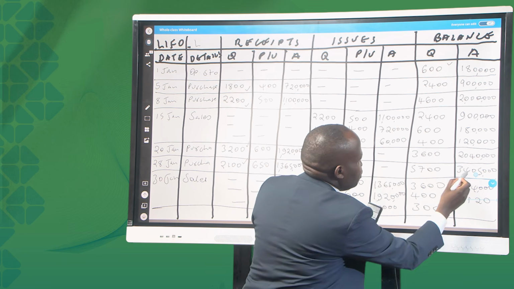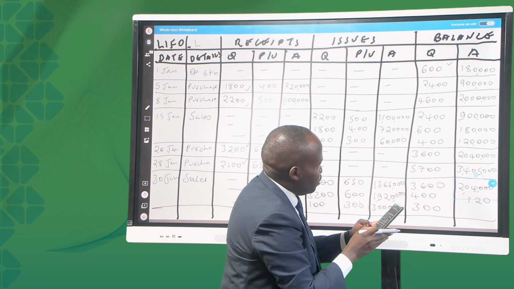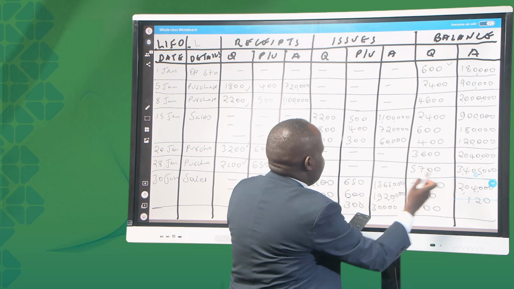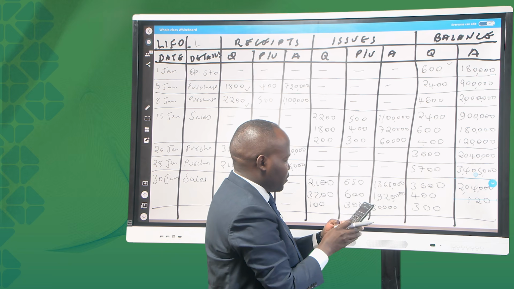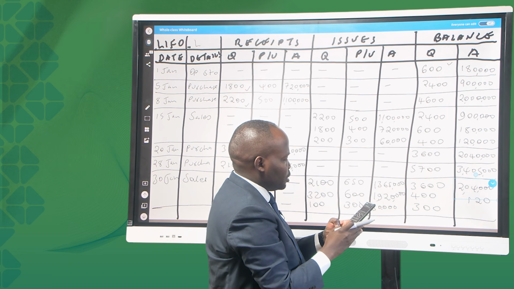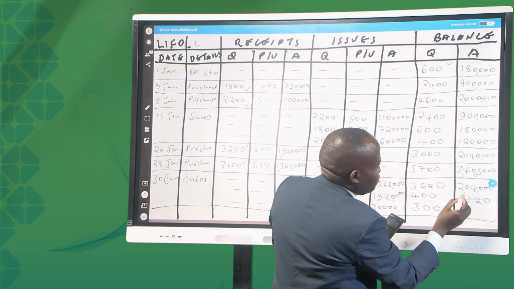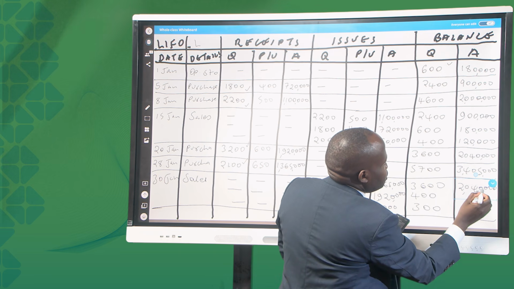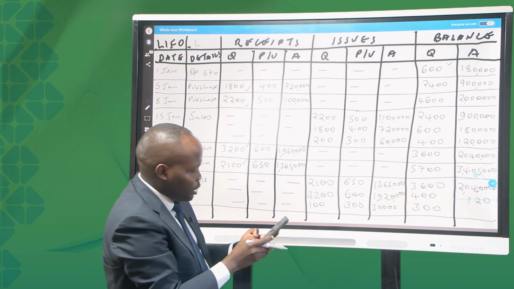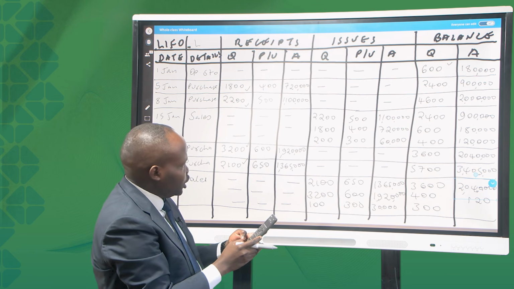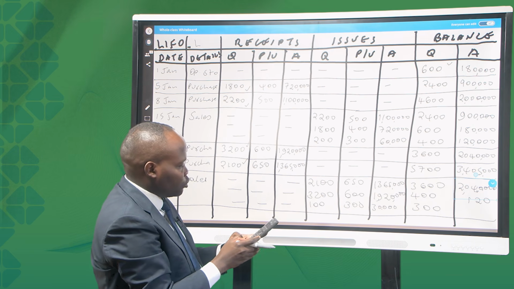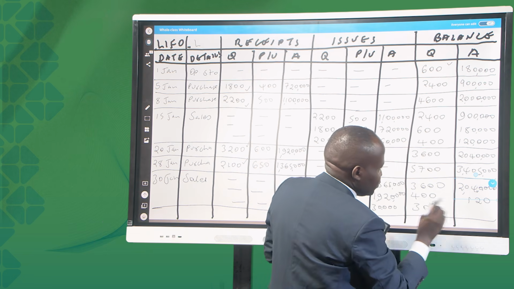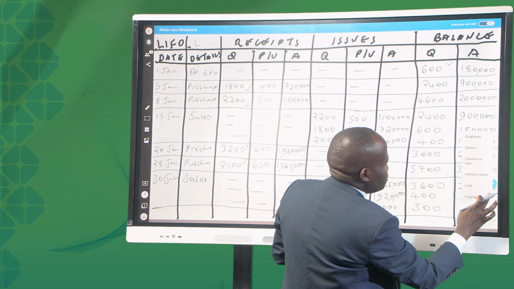There is a small error there. 3,405,000. This amount minus 1,365. It gives you 2,040. Okay, there was a zero missing there. So 2,040,000 minus 1,920,000 gives you 120,000.